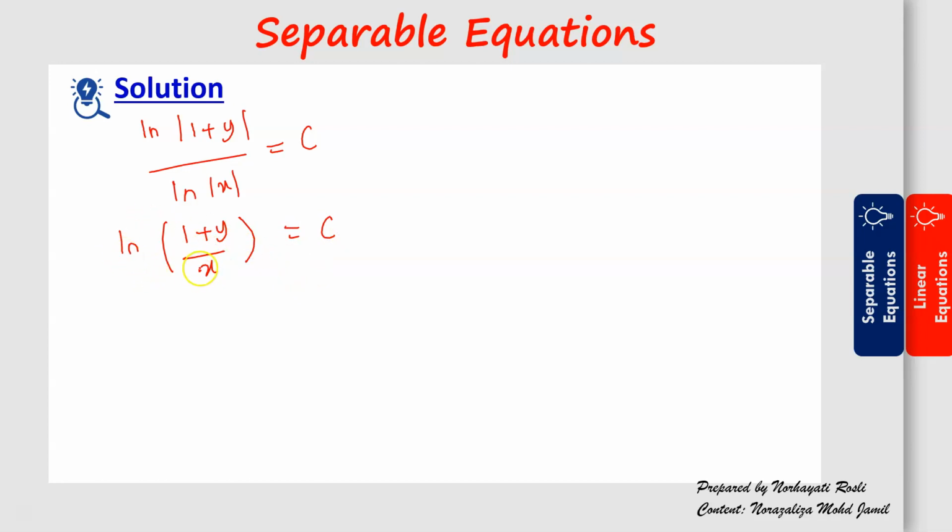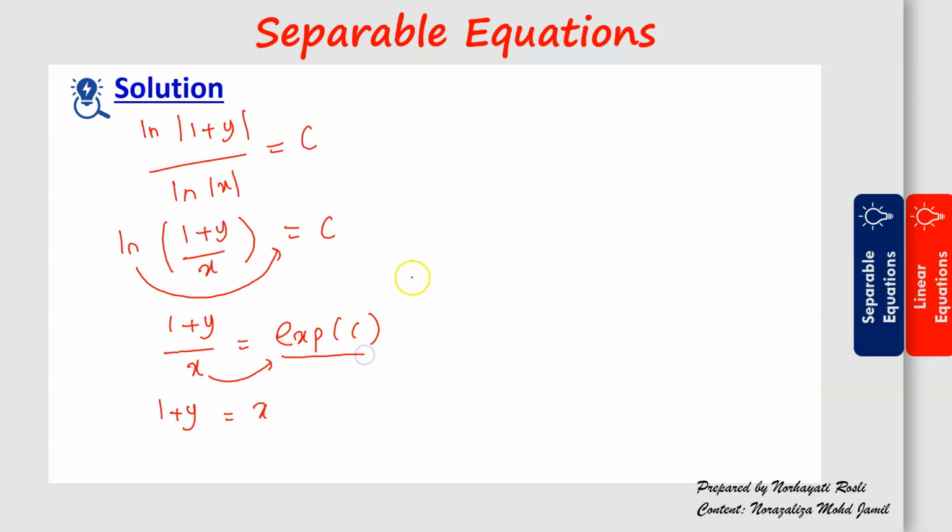When we have this, the next step is you need to write y as the subject. So you need to move this ln to this side. That means you will have (1 plus y) divided by x equal to exponential of c. Okay, because when this ln moves to this side, it becomes the exponential function. When I move this x to this side, I will have 1 plus y equal to x times, let's say I write the exponential of c as a, because it is just a constant.